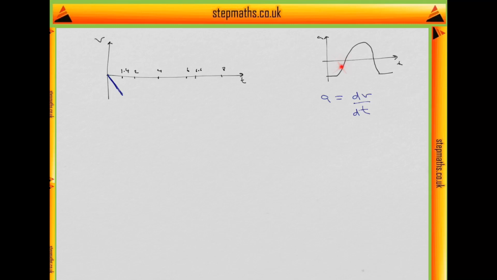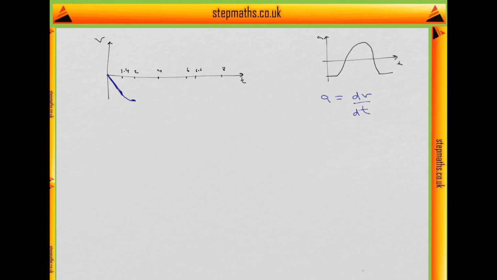We then get a negative gradient, but increasing, becoming less negative, up to the point here where the gradient is going to be 0, because this corresponds to A equals 0 or dV by dt equals 0. So we're going to have a stationary point here. And we know that this point here corresponds to 2 seconds. So we're going to come down like so, and have a stationary point here at 2 seconds.